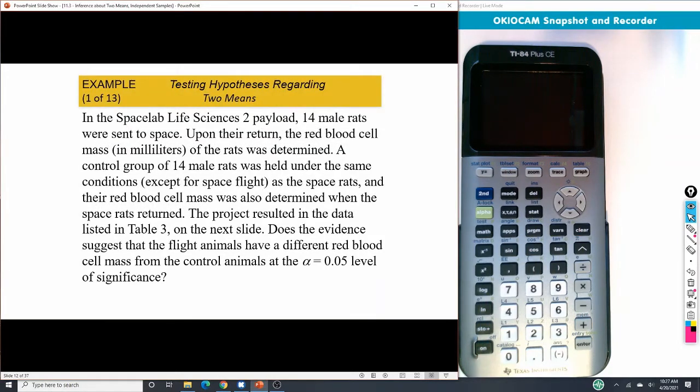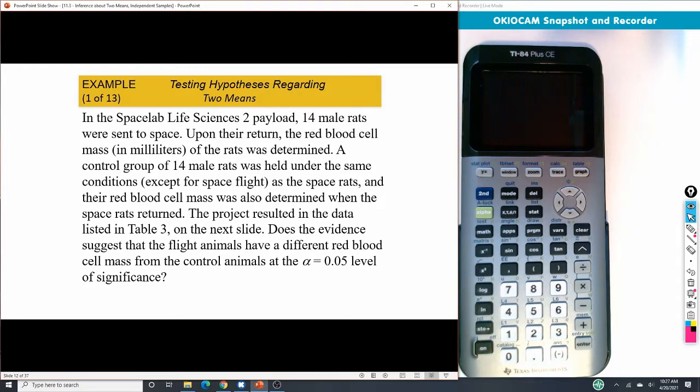Here we have the Space Lab Life Sciences example. We're looking at some rats. Upon their return, they look at the red blood cell mass. We also have a control group, so we want to pay attention to those things. We have an alpha of 0.05, so we need to keep that in consideration.